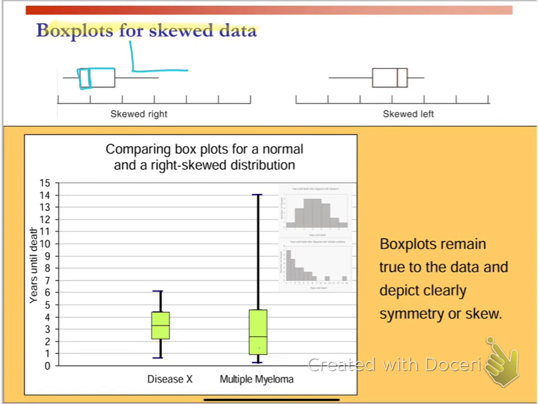So always in this box plot and whisker, if the mean is to the left, it will be skewed to the right, skewed right, okay? Because this means that most of the blocks are here to the left.